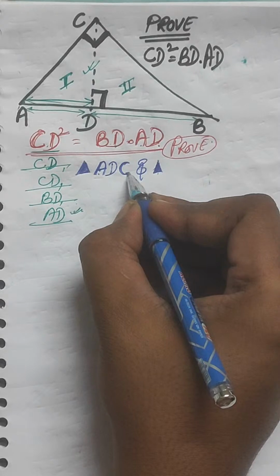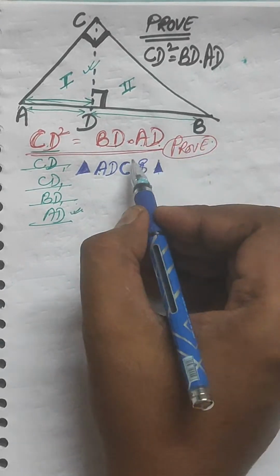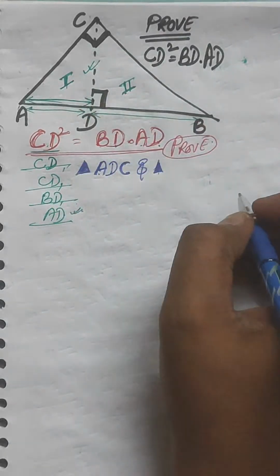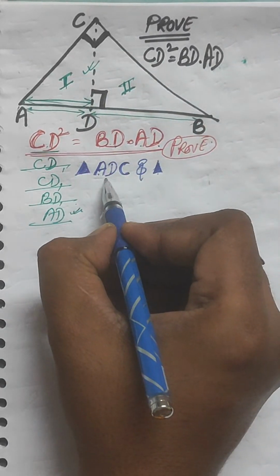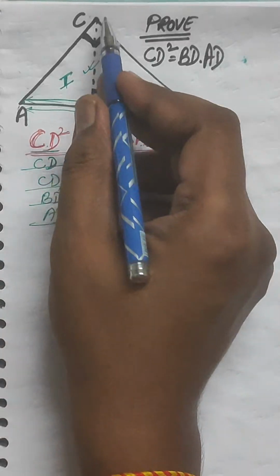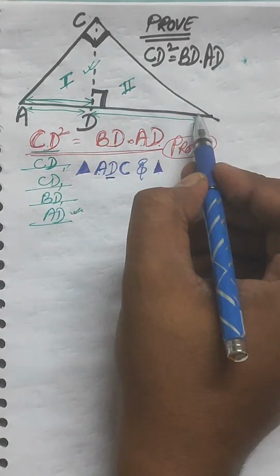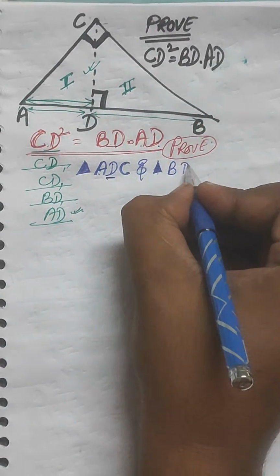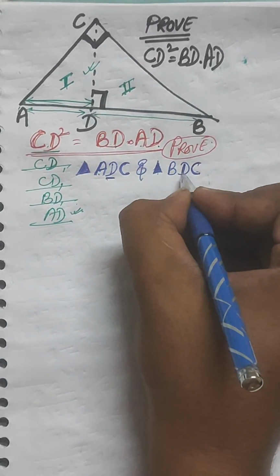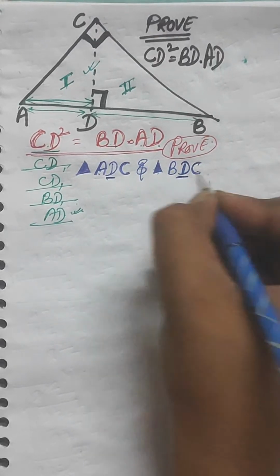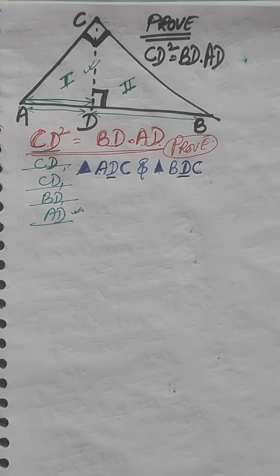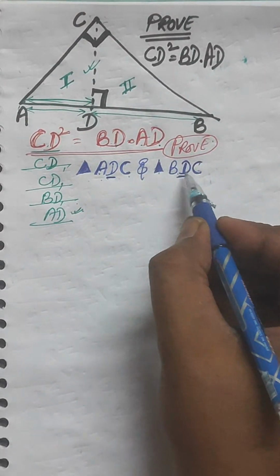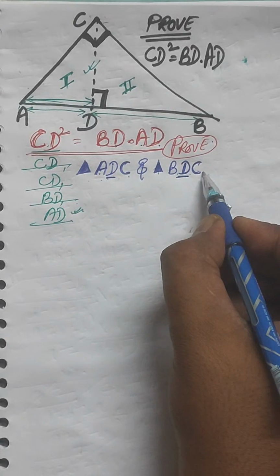ADC, then from the second triangle we write BDC, because the angle D in triangle ADC is 90 degrees, and in triangle BDC the angle D is also 90 degrees. So this is the right sequence, ADC and BDC.